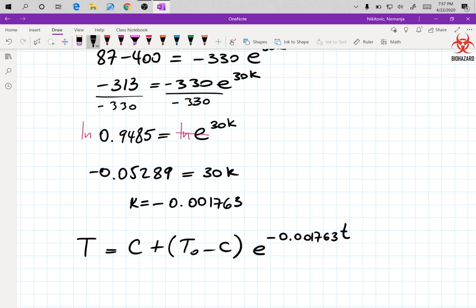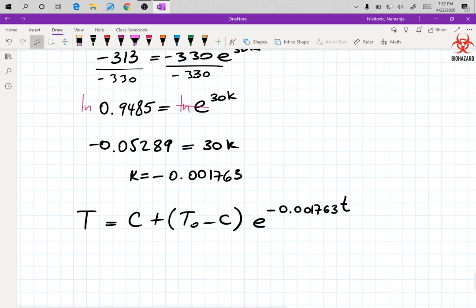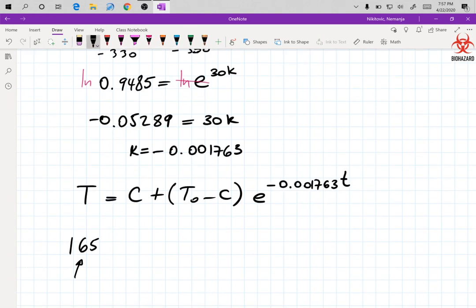And now you can just redo your calculation. Your target temperature is 165. So this is what we want, for health reasons, all right?